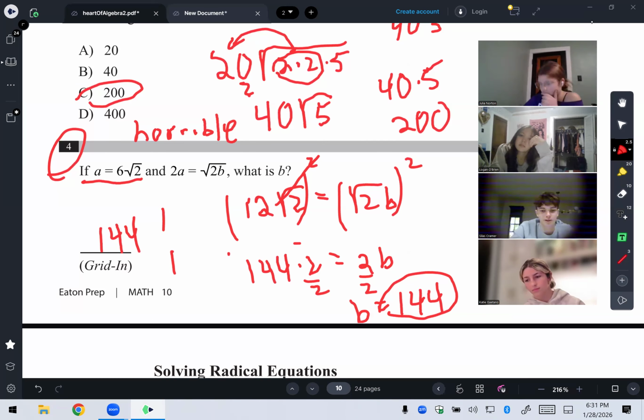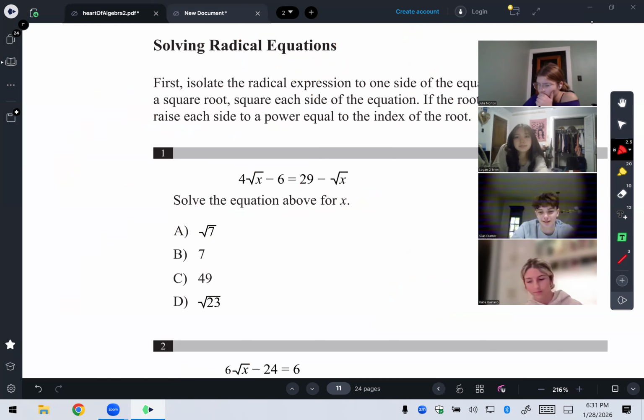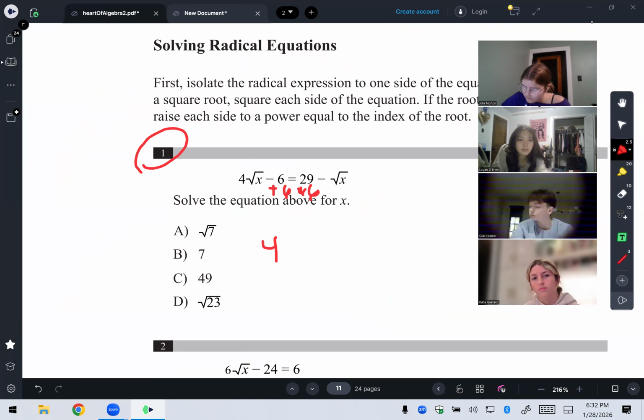Okay. Thankfully, we're out of the really hard ones. Let's sail on out of that. So when we have radicals, let's try number 1. We're going to add 6 to both sides. That'll give us 4 square root of x equals 35 minus the square root of x.